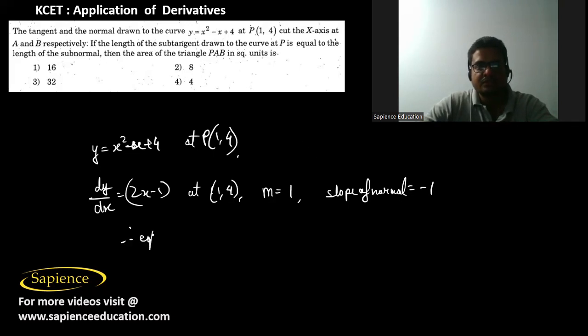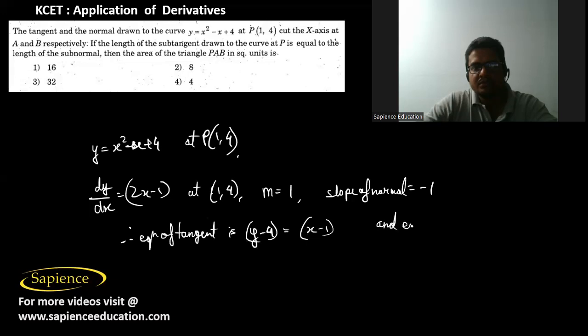So therefore equation of the tangent will be given as y minus 4 equals m into x minus x1. Okay. And equation of the normal at the point P will be given as y minus 4 equals minus 1 into x minus 1.